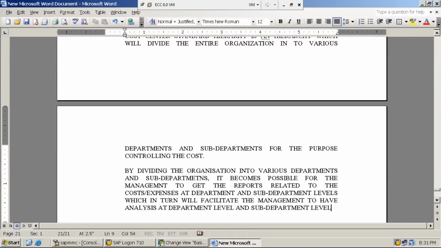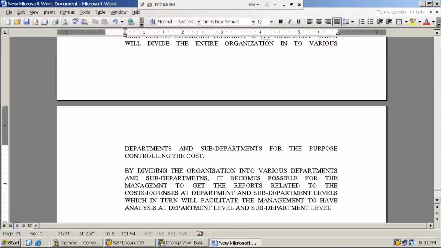Once supervision is effective, they will be able to have control over the activities within the department. And not only that, if we have divided our organization into various departments, it becomes possible to have a comparative analysis between two or three departments.